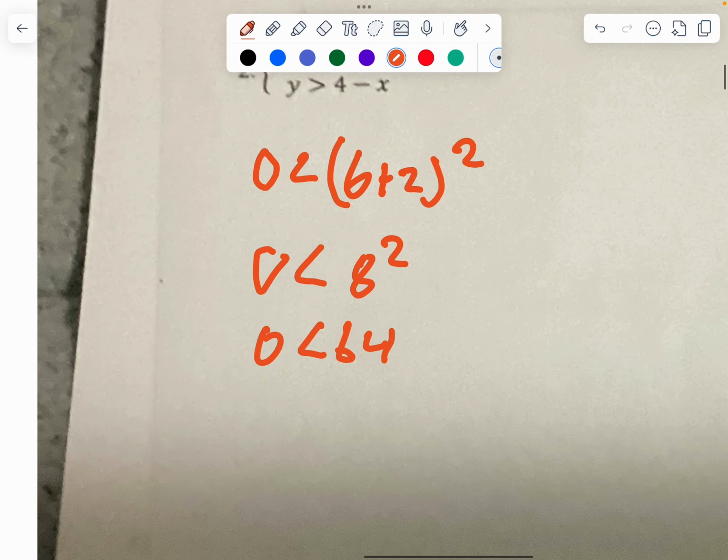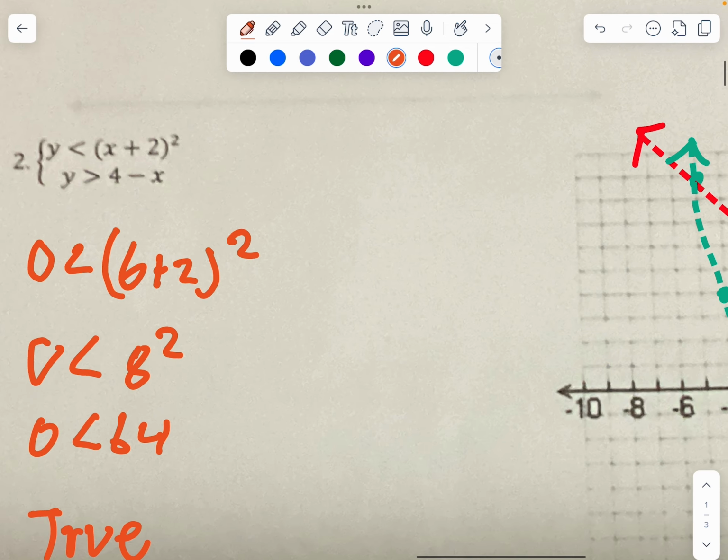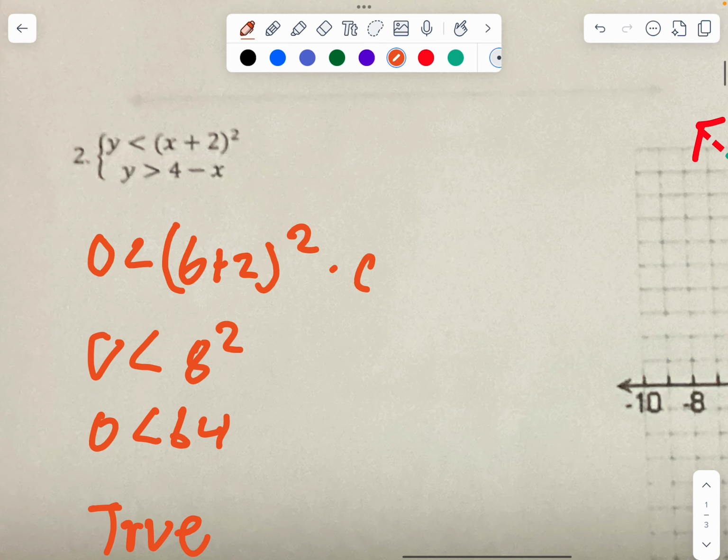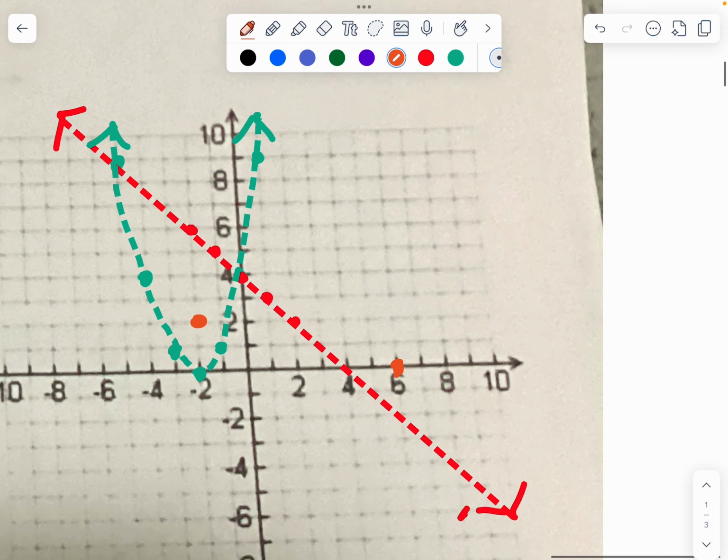This is true. Now it has to be true for both to start shading. So 0 is greater than 4 minus 6. 0 is greater than -2. This is true. So now we know where to shade.